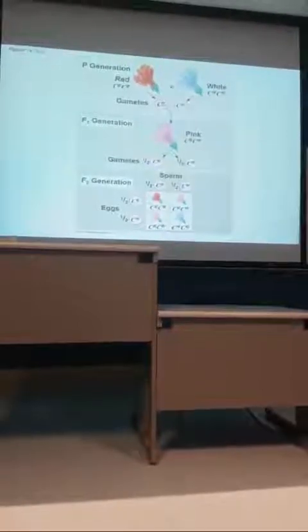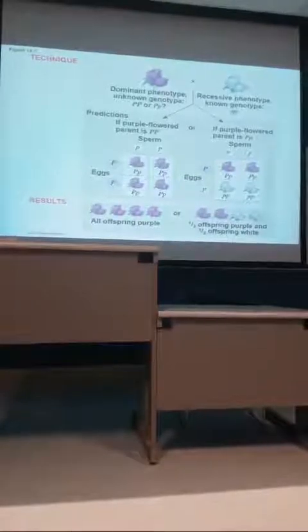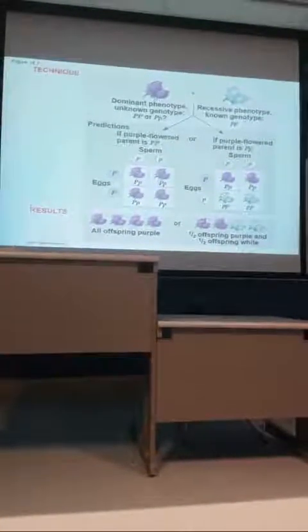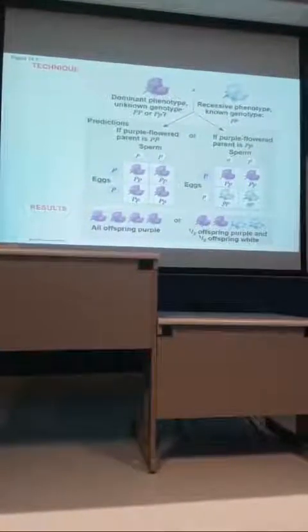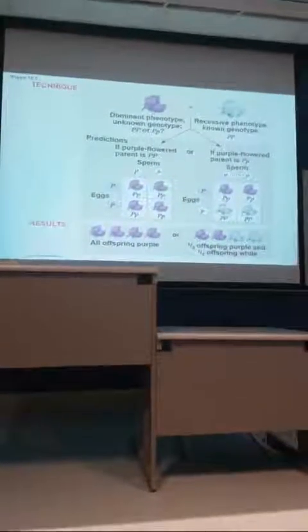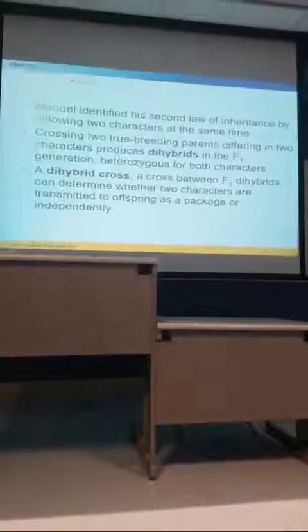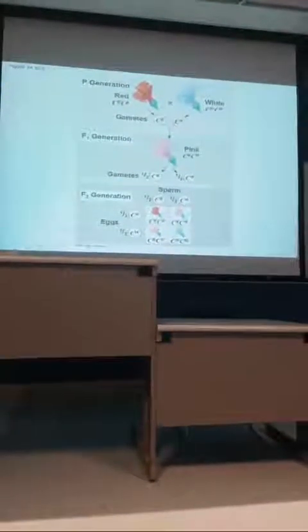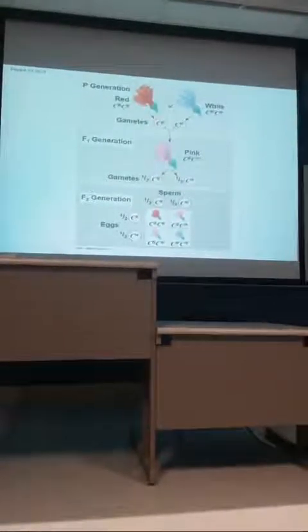The way we were doing it, if you go back, we just used the letters. We didn't have a superscript, it's just a P. Now, if we had done this the other way, there would have been a C, and then the capital P would have represented purple, and so forth. So don't let that fool you right there. This C represents the gene. This represents the allele, the version of the gene.